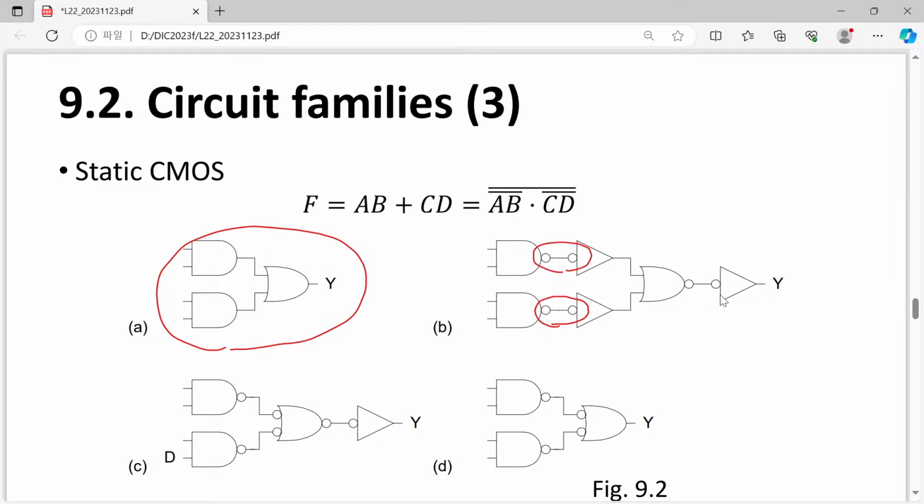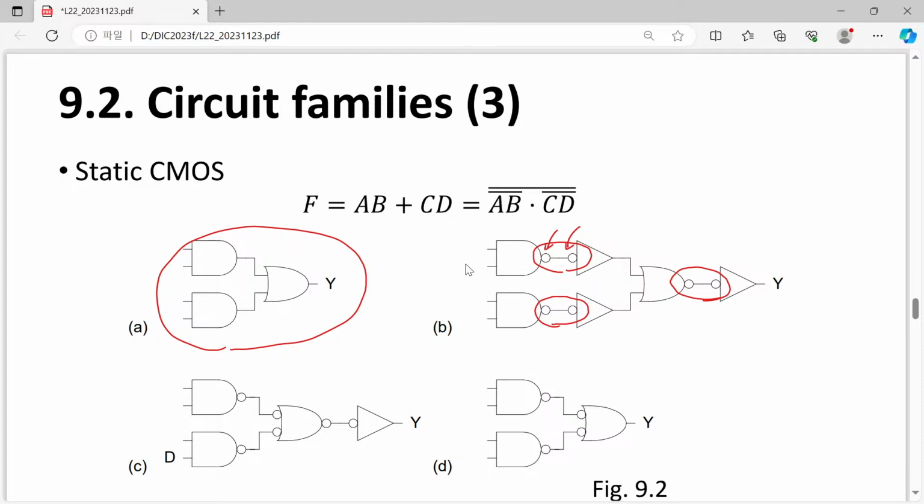Here at the B, we just added bubbles. Then these bubbles mean that here we have a NOT and NOT twice. So this just becomes a buffer, an identity. So we have nothing here, and we have nothing here.